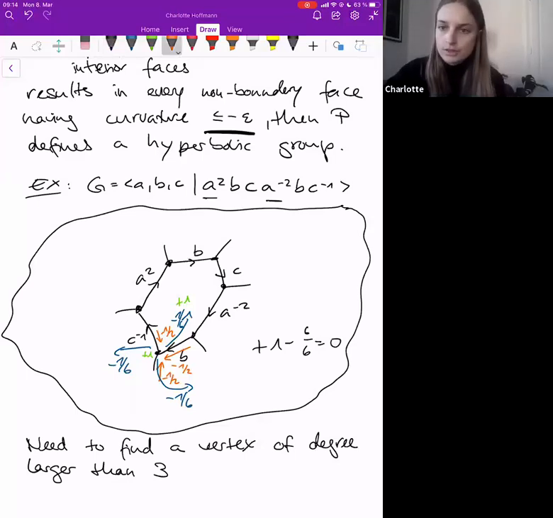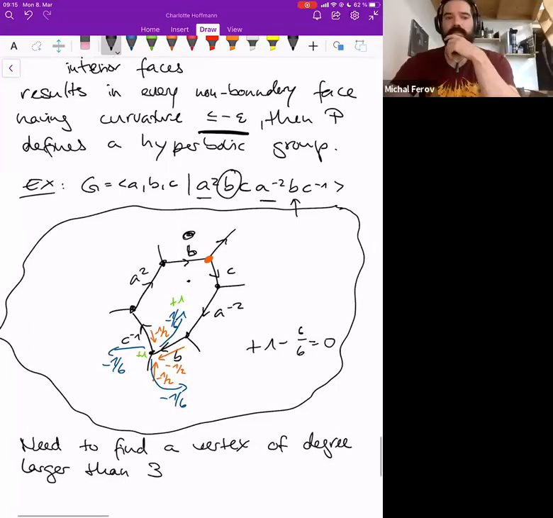I will show that this vertex is a vertex of degree larger than 3. Why is this? Look at the face that's on the other side of my edge B. This face is also labeled by the same relator, but now the label of this edge, which corresponds in this face to this B here, in the other face has to correspond to the other B, otherwise it would not be reduced, and we would just have D times D to the -1, as we've seen before.